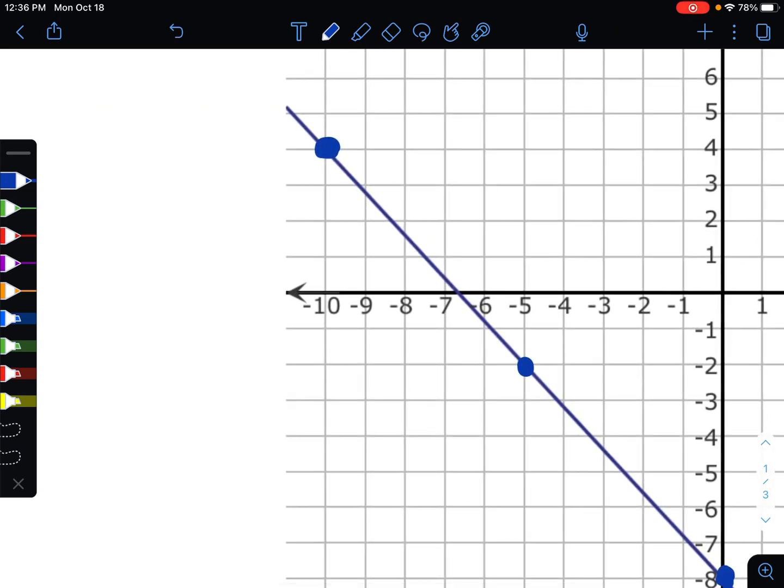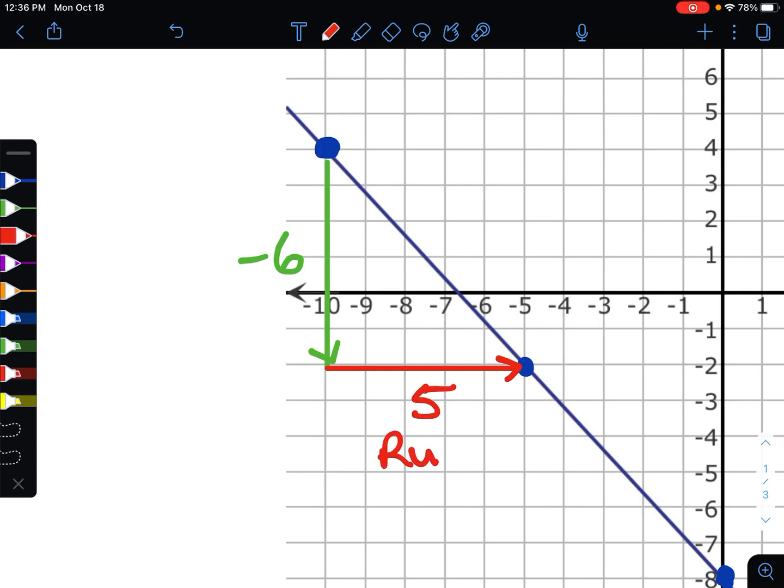For the rise and the run here, the rise is going down between these two points, and then the run is going to the right, this direction here. The rise would be down 6, so a -6, because this is going down 6. And then to the right here, we're going 5.